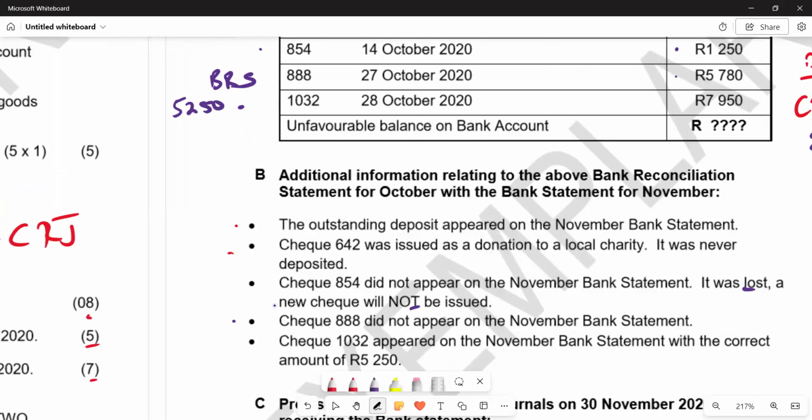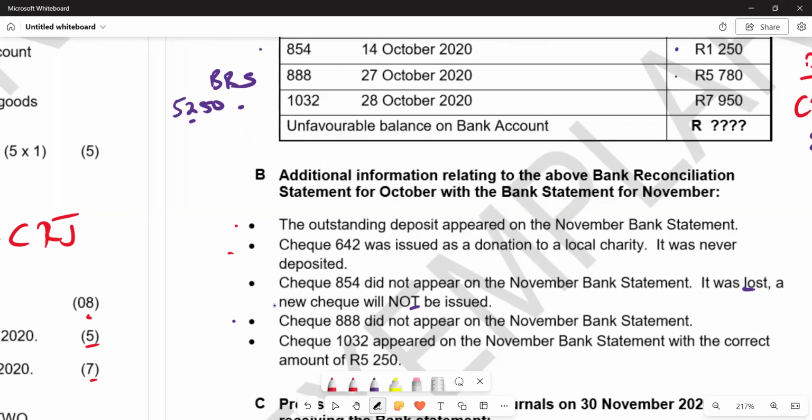It means the amount that we are having here, which is 7,950, is incorrect. We are having a bigger amount under the cash payments journal of 7,950. So we have to remove part of 7,950 so that it goes back to the correct figure, which is 5,250.